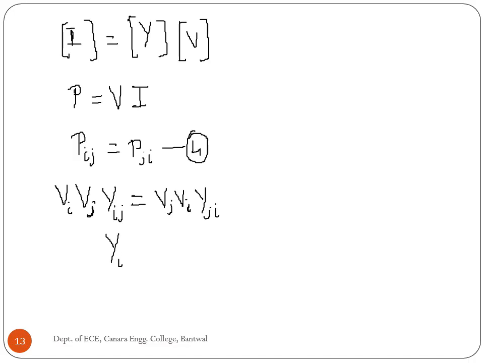Therefore, Yij equal to Yji and Zij equal to Zji. This proves that the impedance and admittance matrices are symmetrical for a reciprocal junction.